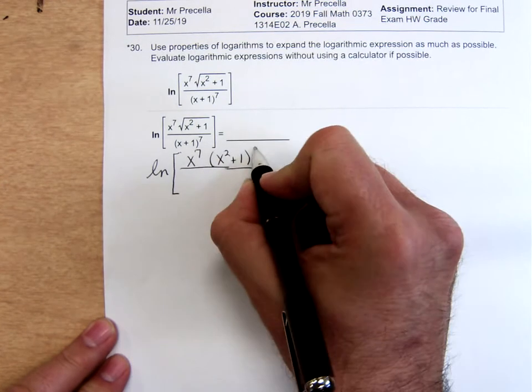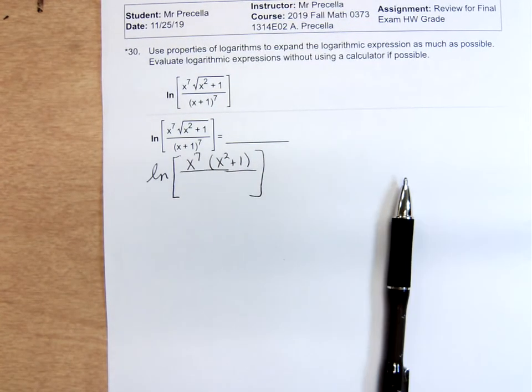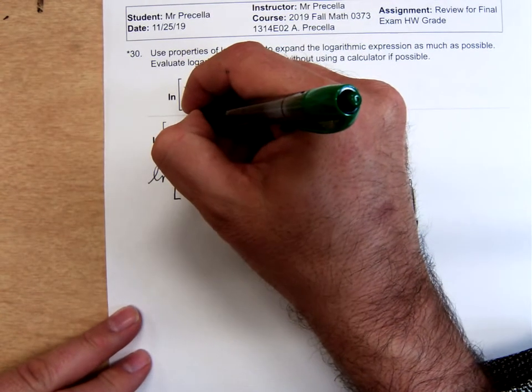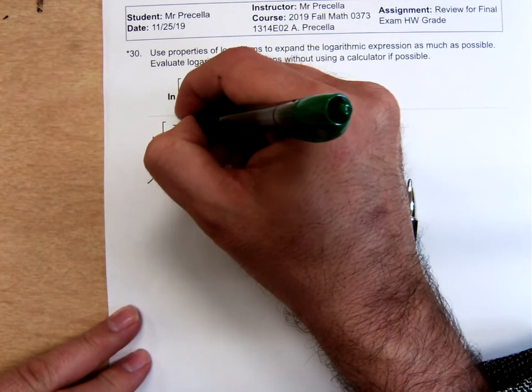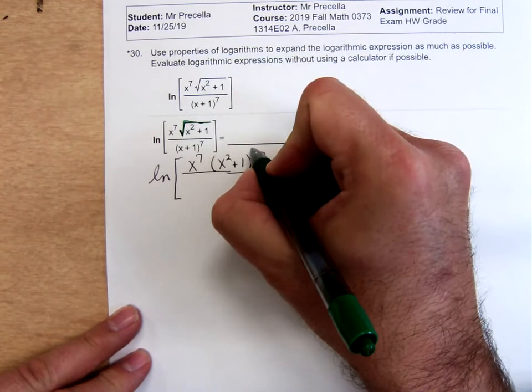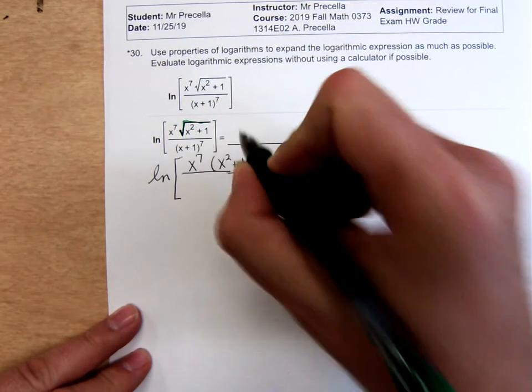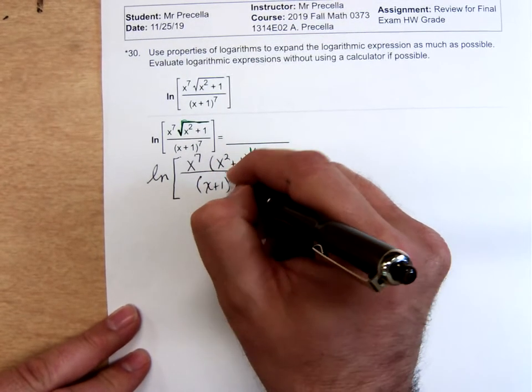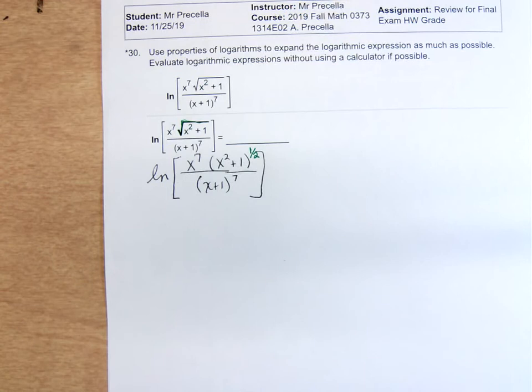So I'm rewriting this square root, if it were green, as a green 1/2. And then we have an x plus 1 to the 7th on the bottom. So the first thing you do is rewrite the square root symbol with a 1/2 exponent.